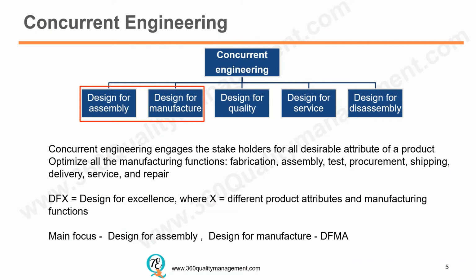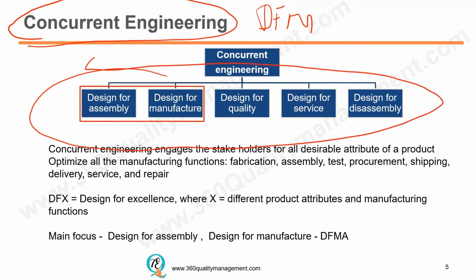To have a more in-depth understanding of DFM, we must also understand concurrent engineering. In DFM, concurrent engineering takes place where all stakeholders are able to give their input in a product design, so that the requirements to produce a good quality product from various functional teams are captured into the design itself.